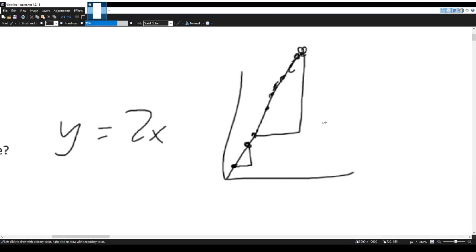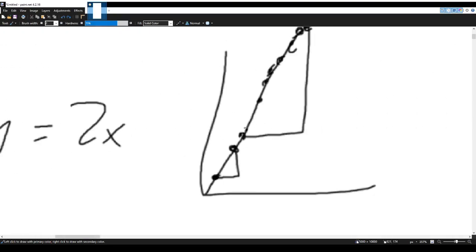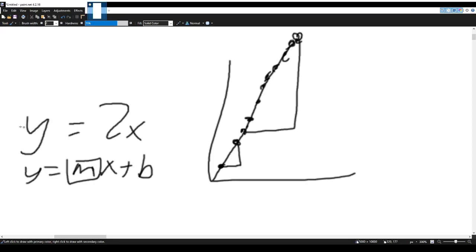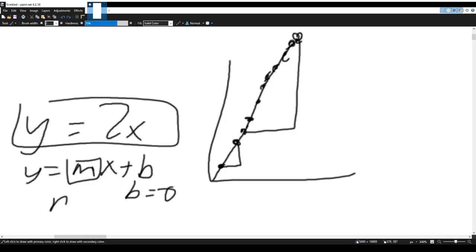So now if we had this one, what would be the derivative at, let's say, this point? Well, pretty clearly, the slope is going to be the same everywhere. We know y equals mx plus b, and this m right here is the slope. So if we're trying to fit this into this, clearly b is 0 and m is 2.